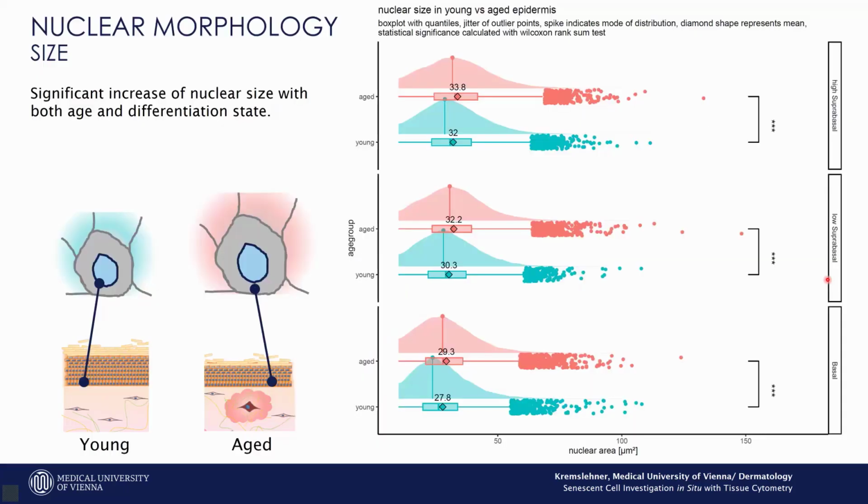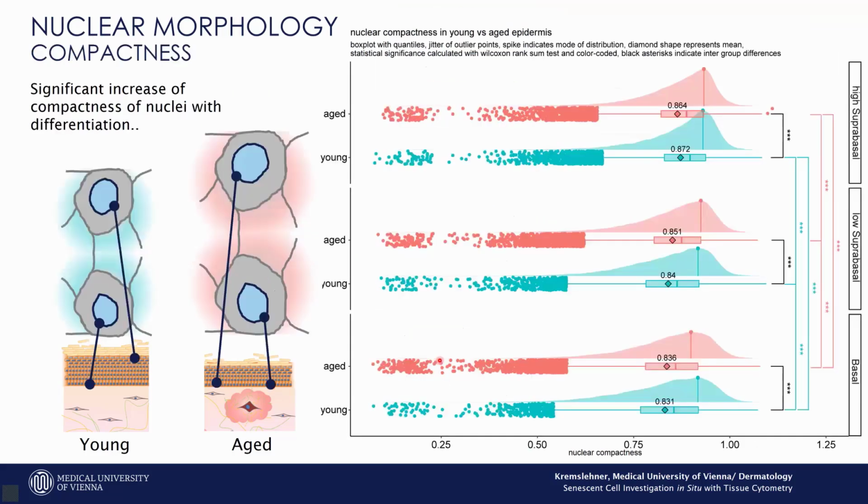So digging a bit deeper into the data, we found that there is a differentiation-dependent and age-dependent increase of nuclear size. So the higher differentiated the cells are, the larger the nuclei get, and also the aged samples showed increased nuclear size. And the same was true for the compactness.